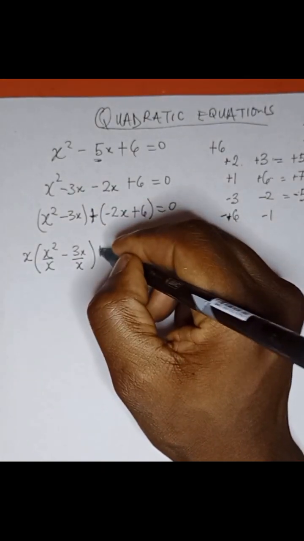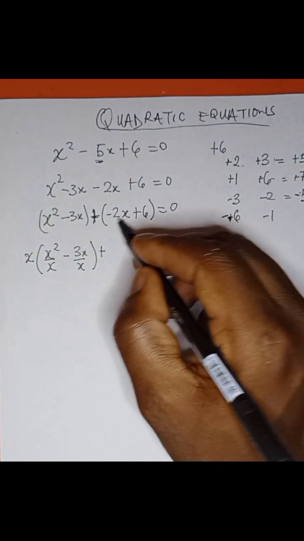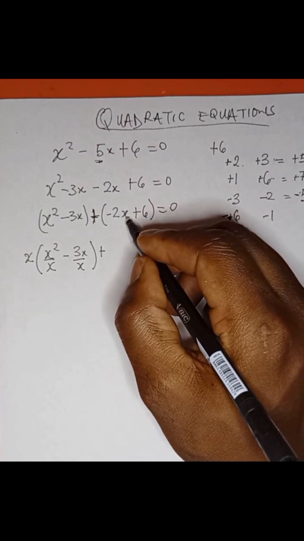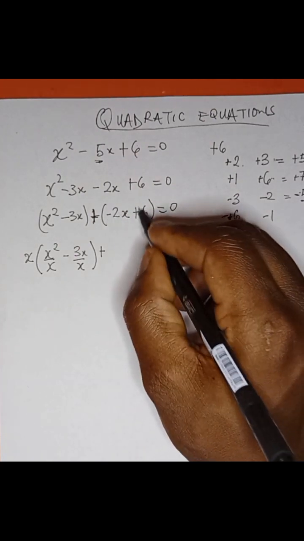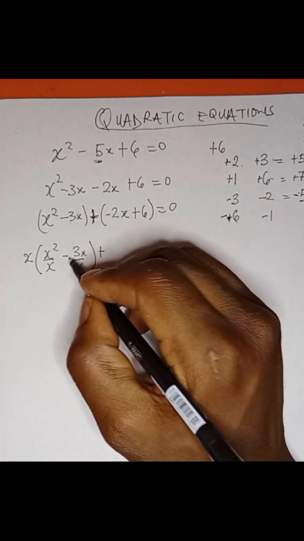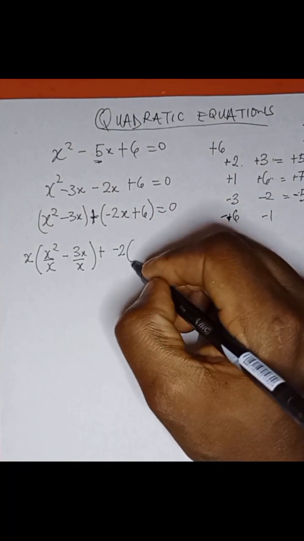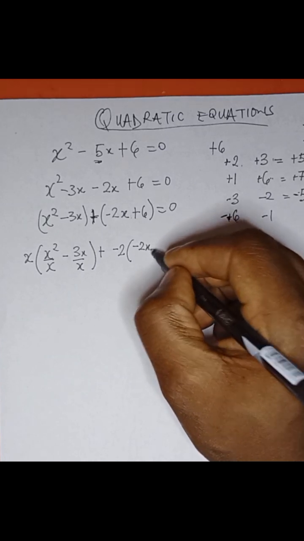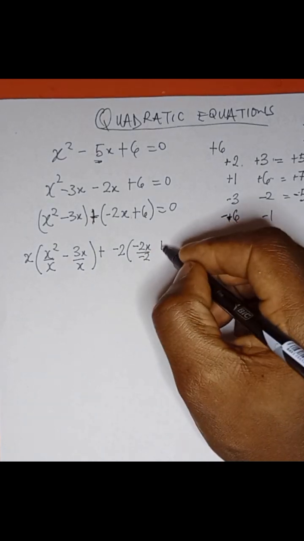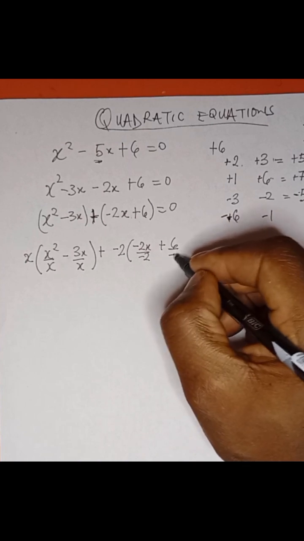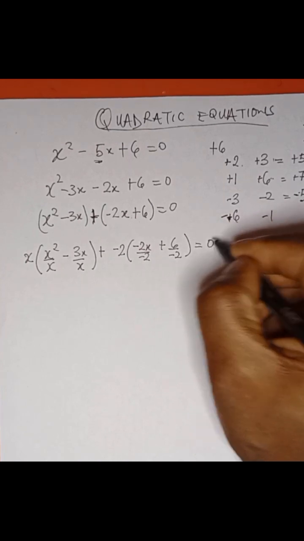You should not forget the positive sign here. Because of the minus here, I should bring the minus outside, because I want to ensure that this positive also changes to the minus I have in this bracket. So I have minus 2 outside: minus 2x over minus 2, plus 6 over minus 2, equals 0.